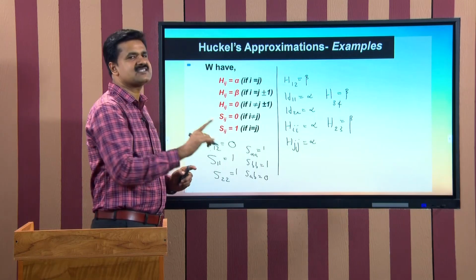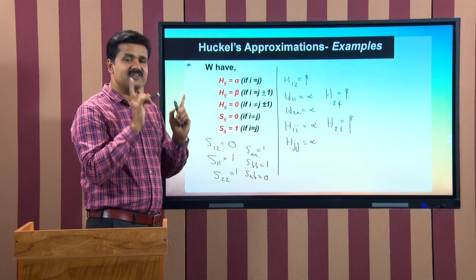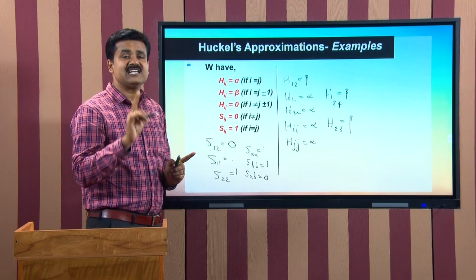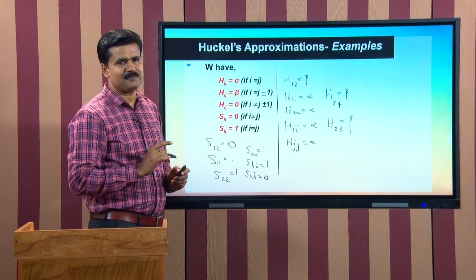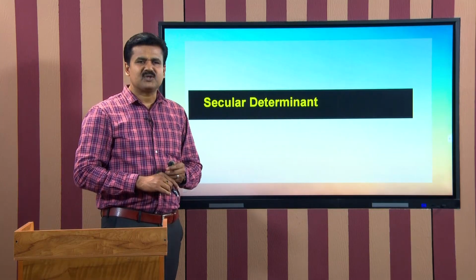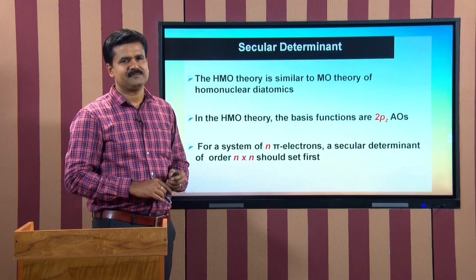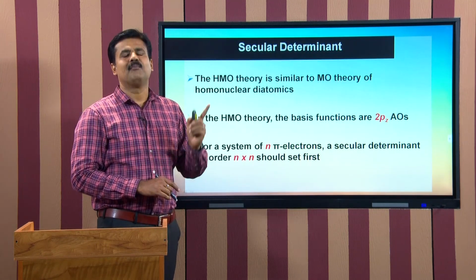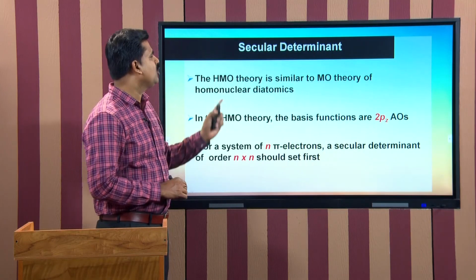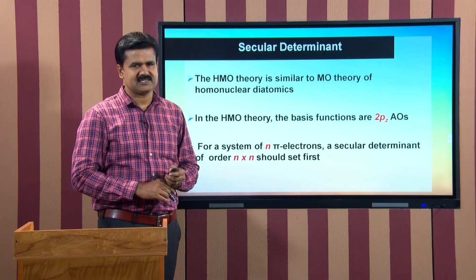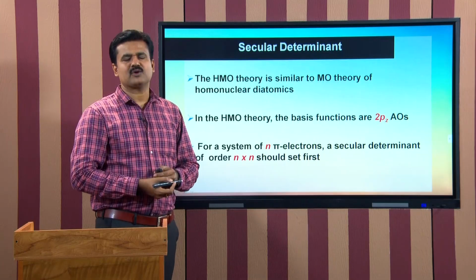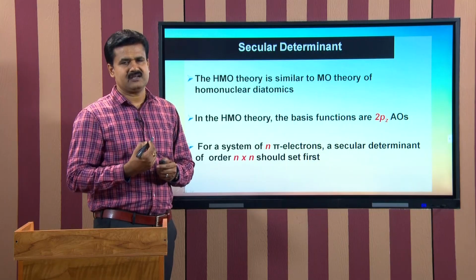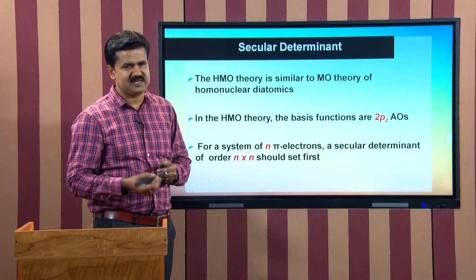All these approximations are highly useful, and we have to apply them while we are solving the secular determinant in HMO theory. Now, the concept of the secular determinant. The HMO theory is similar to the molecular orbital theory of homonuclear diatomic molecules. We learned in molecular orbital theory that atomic orbitals undergo linear combination to produce molecular orbitals.